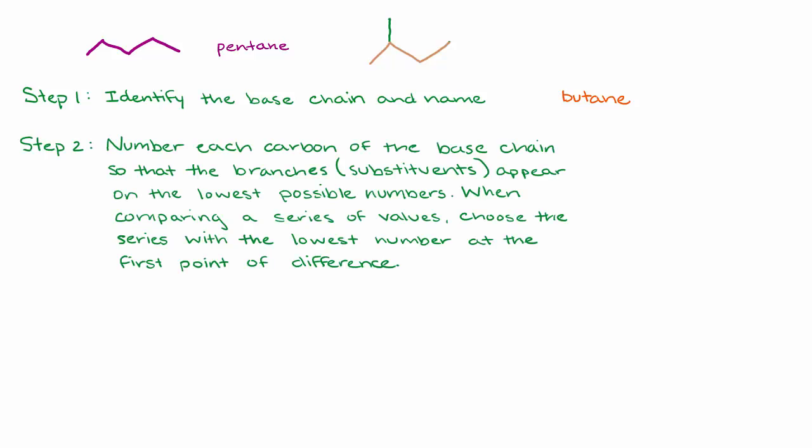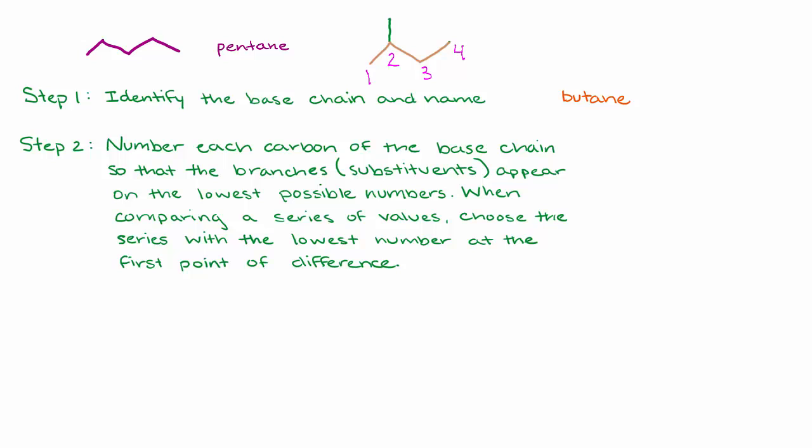Step 2. Number each carbon of the base chain so that the branches, or substituents, appear on the lowest possible numbers. When comparing a series of values, choose the series with the lowest number at the first point of difference. To number the base chain, I will start at the leftmost carbon and number across, 1, 2, 3, 4.